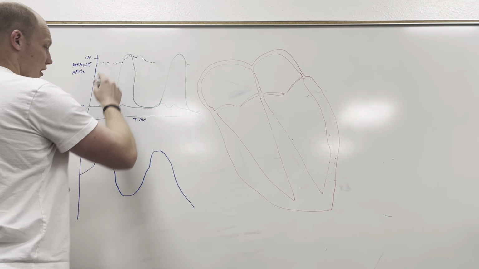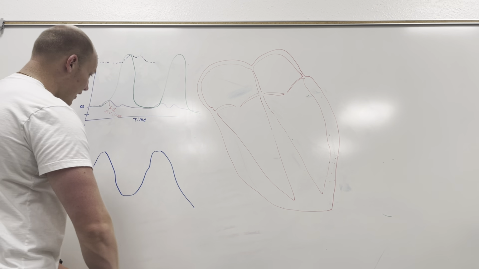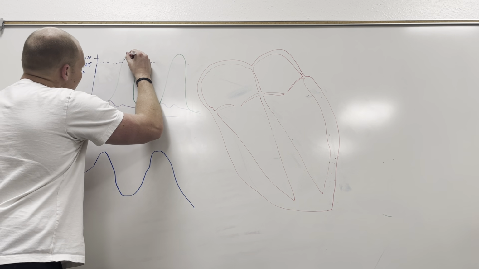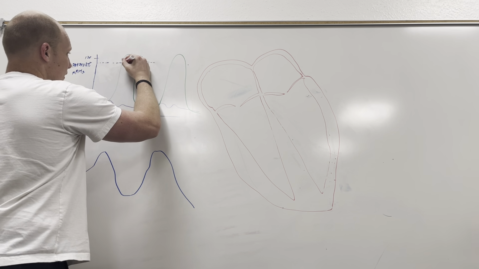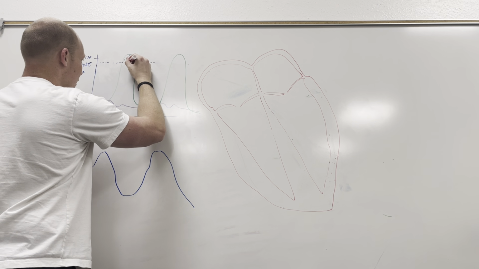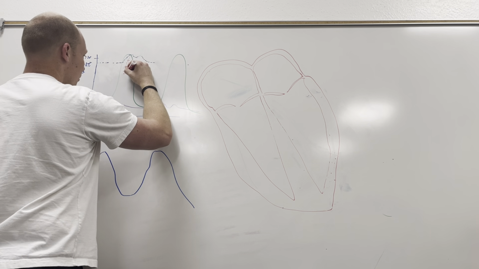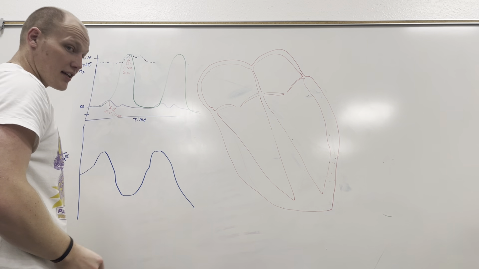This is your aortic pressure. And as we can see right in here, they cross. This is your aortic semilunar valve. So ASL closes, and this is S2. That's your second sound, that's the dub.